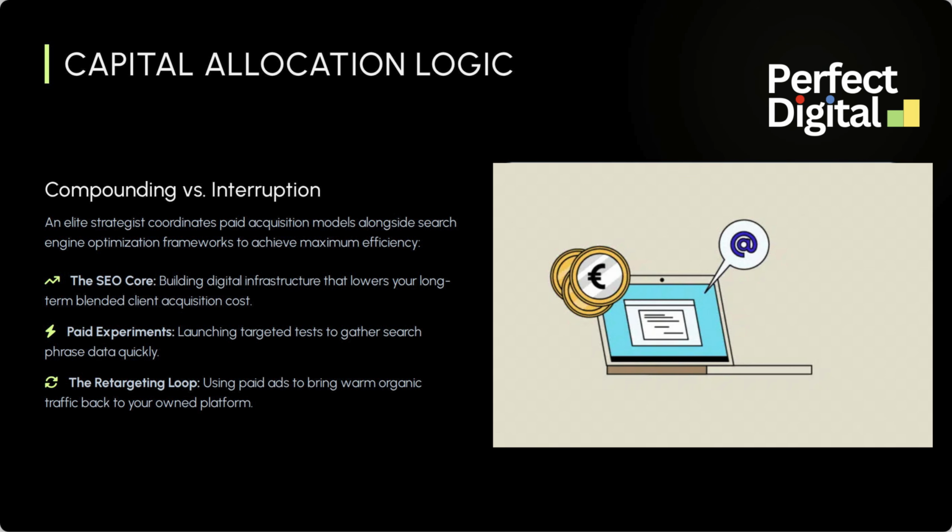We launch highly targeted paid campaigns to gather valuable search phrase data quickly, removing the wait for organic rankings. The third one is the retargeting loop. We deploy paid ads to bring warm organic traffic back to your owned platform, maximizing total conversion efficiency.